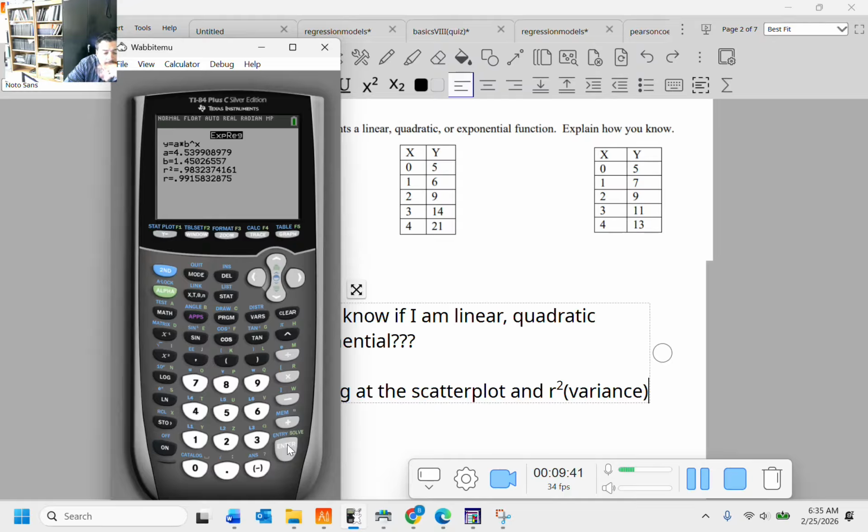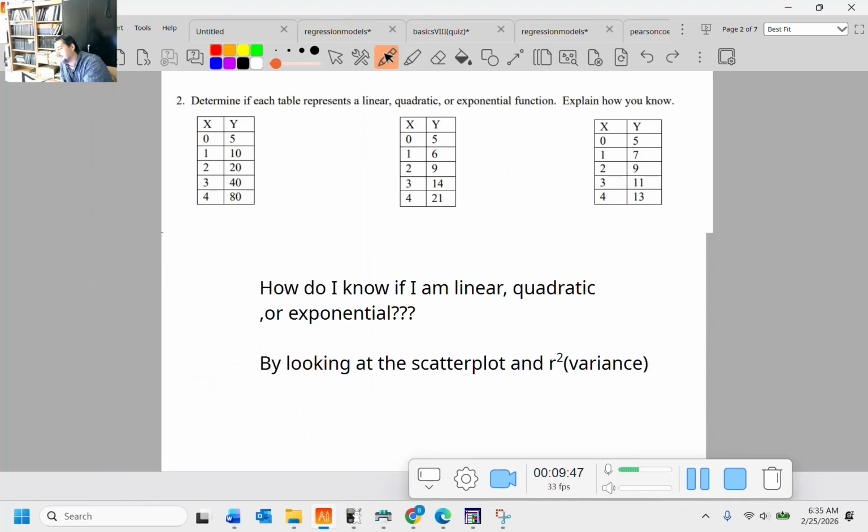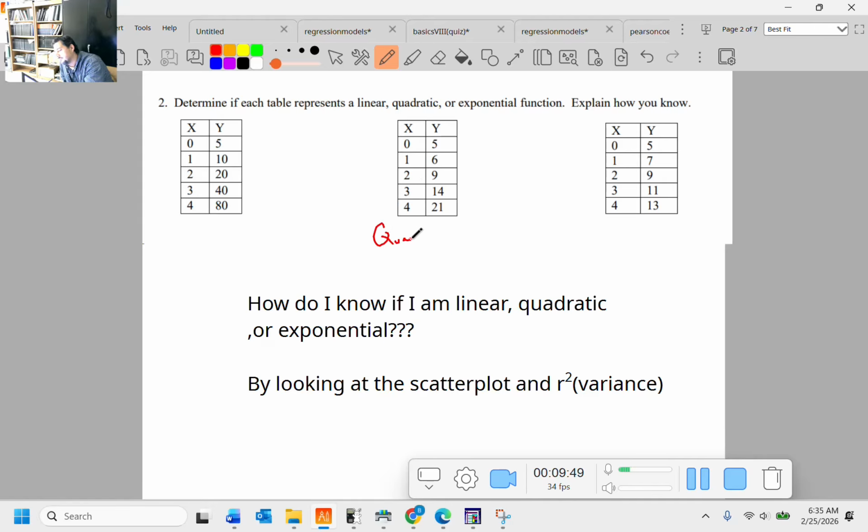Yeah, so there we go. This is definitely a quadratic. It had the highest R squared value. Now remember, R squared is variance value.